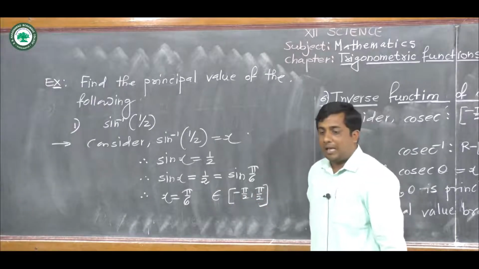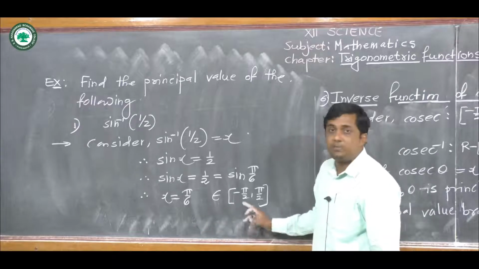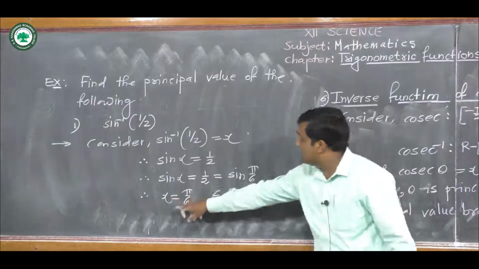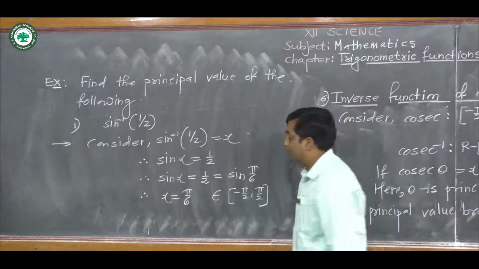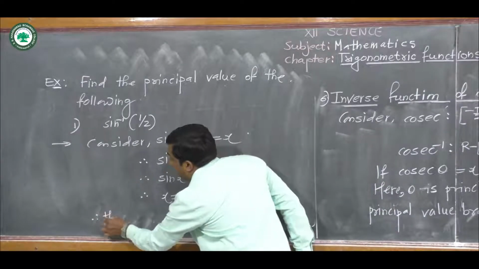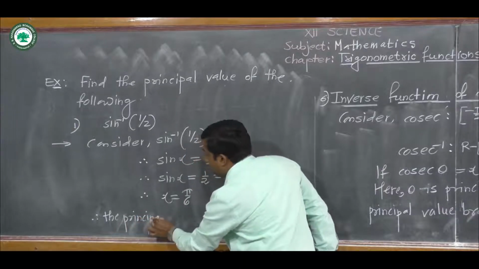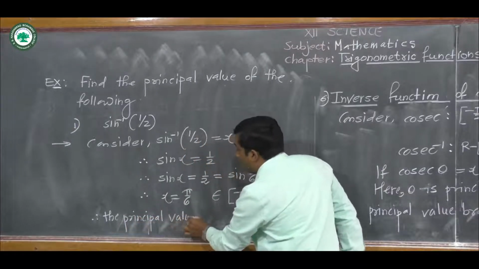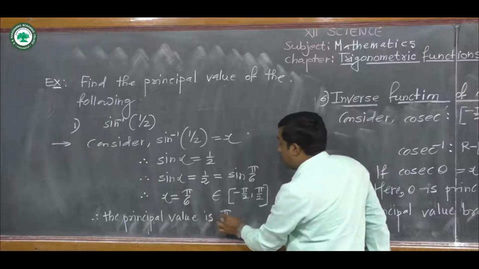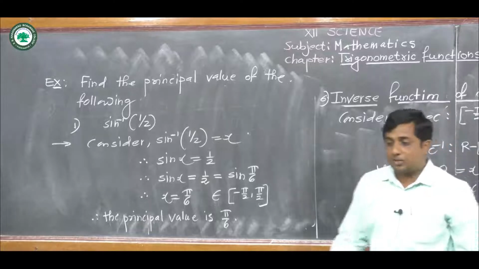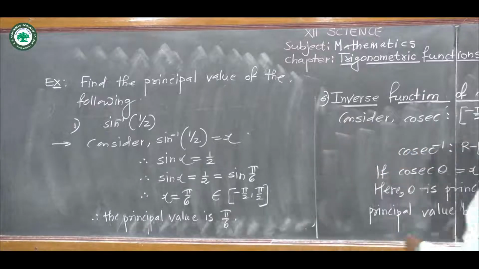Since it lies in this principal value branch, the principal value is x is equal to pi by 6. Therefore, the principal value is pi by 6.